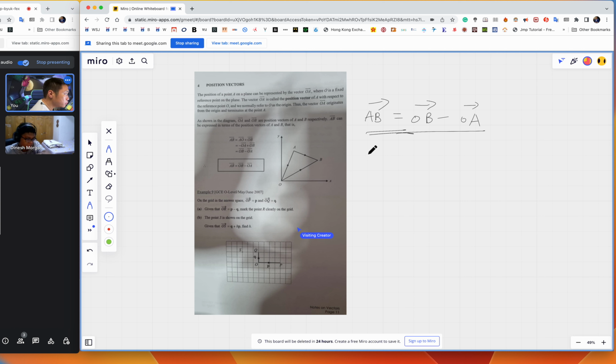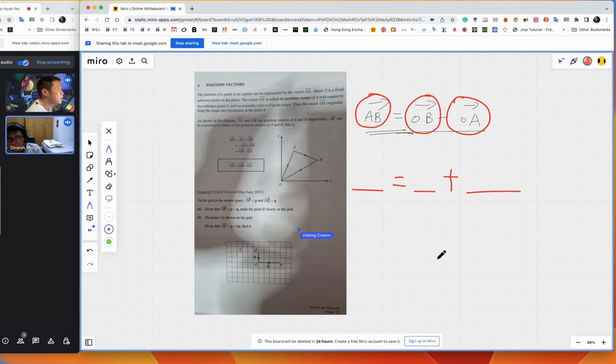How do you make use of these three terms and form an equation of addition? I will use OB, no, OB doesn't work, actually OA, and I will tell you why.